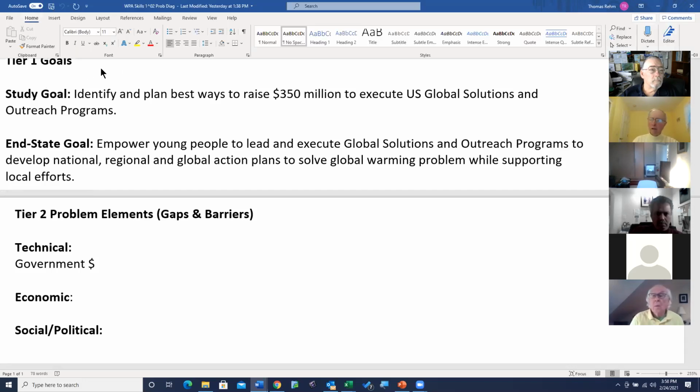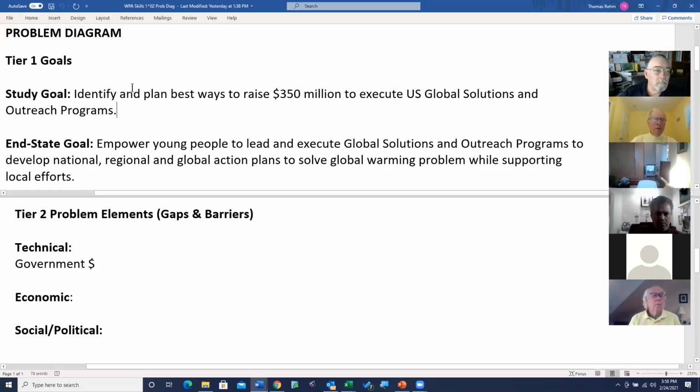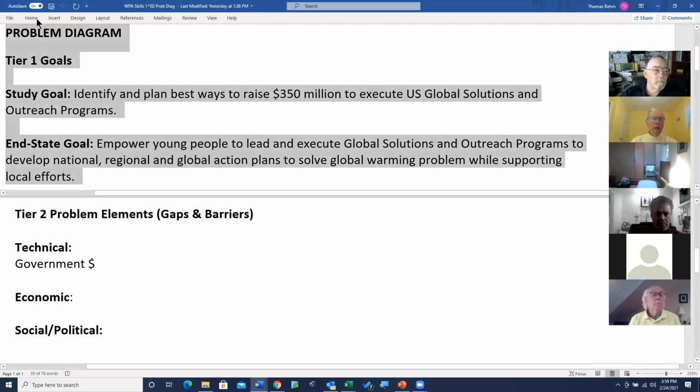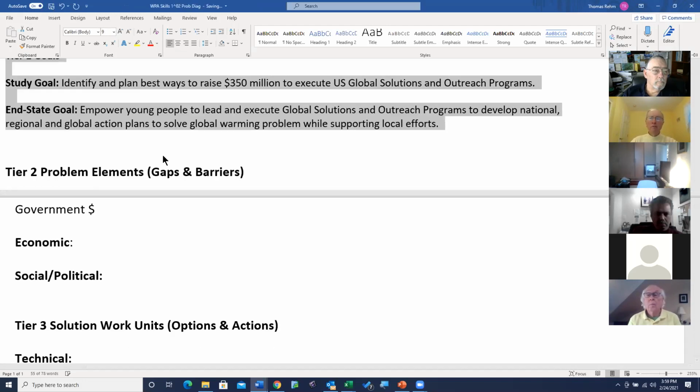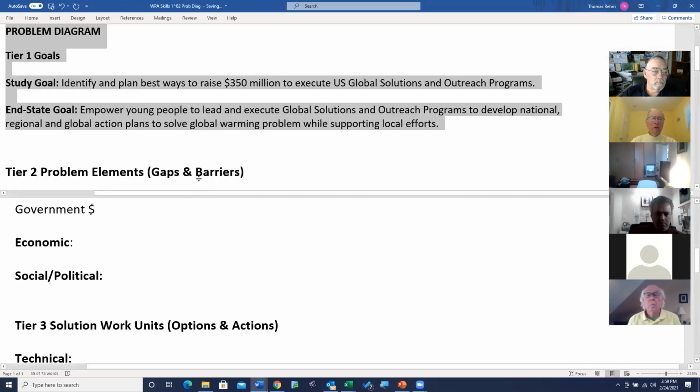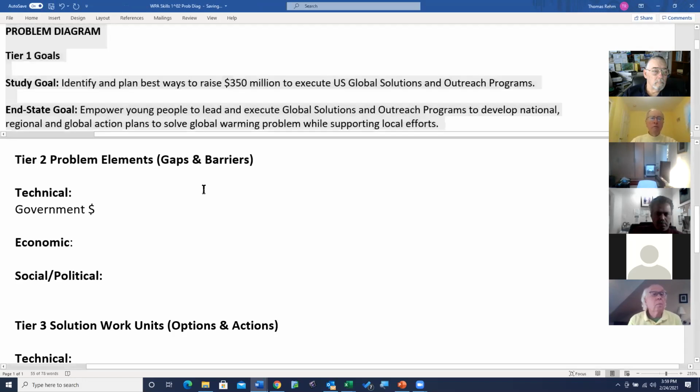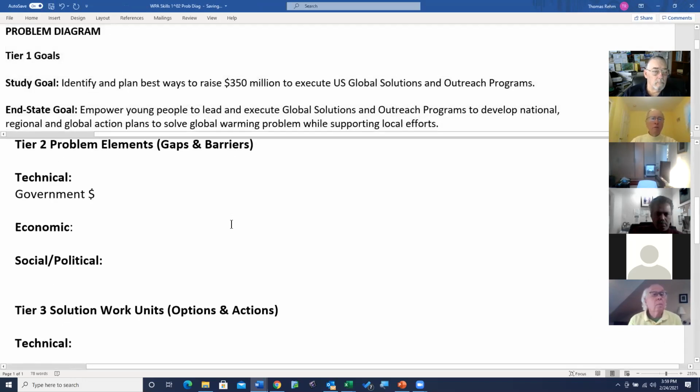So we want to then start here with the problem elements. And this is the first one, technical. Now, we want to be able to identify key targets for going after this money. One of the reasons for that is we then want to divide you all up into teams that look at this particular target versus that.